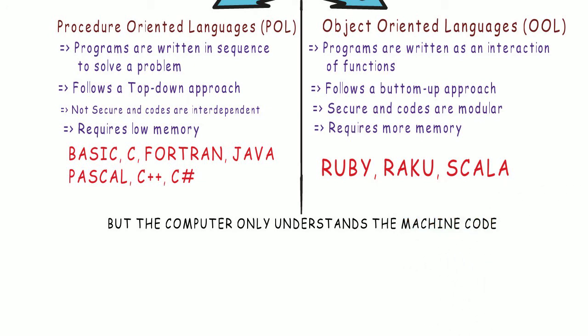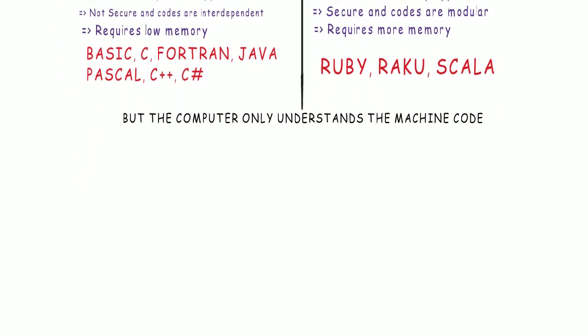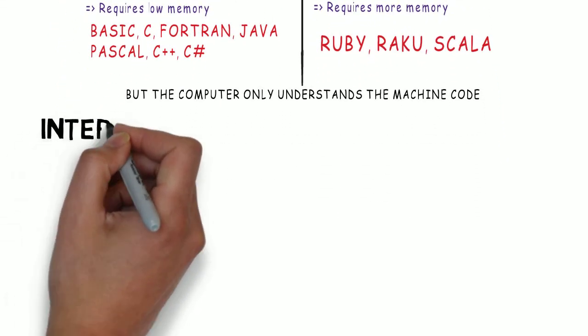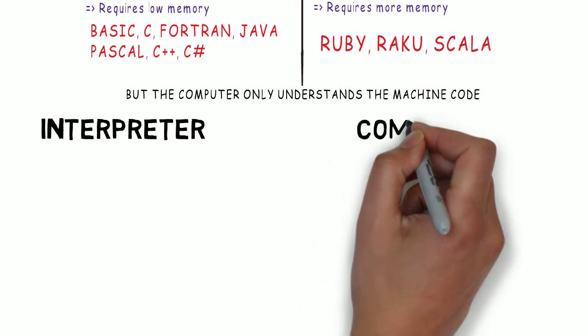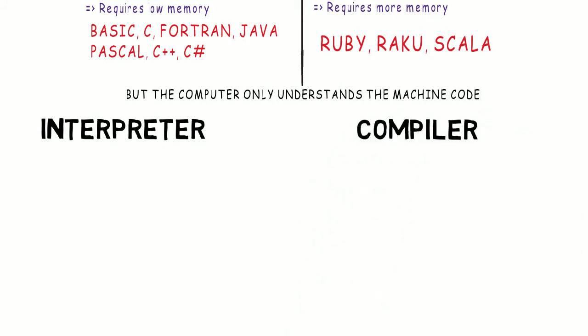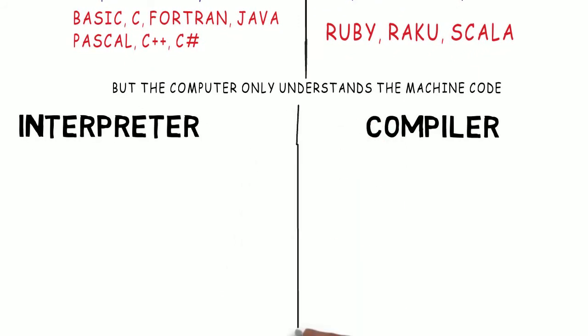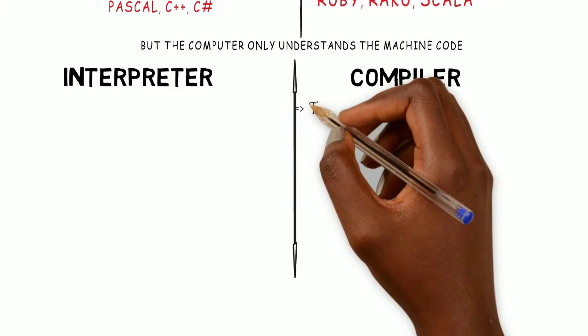But since computers can only understand one language, which is strings of ones and zeros, that is binary language, high-level language needs to be translated to machine code. This translator can either be an interpreter or a compiler.